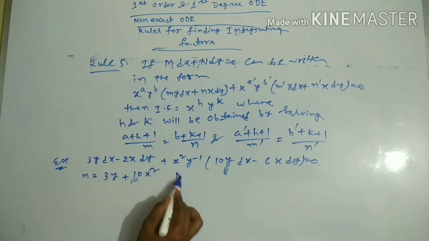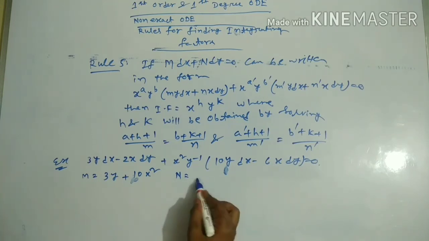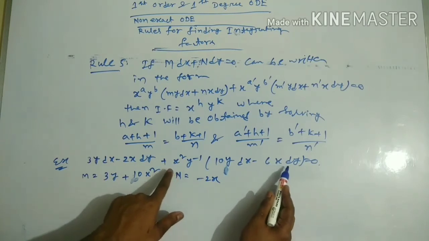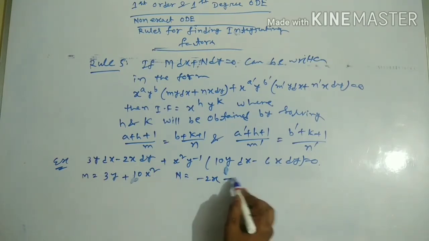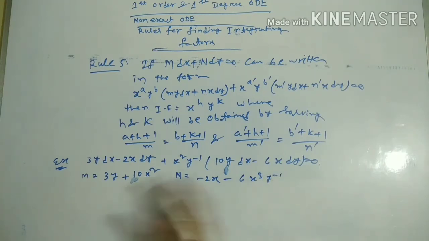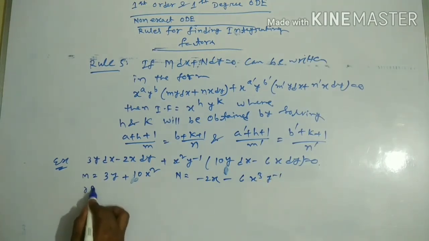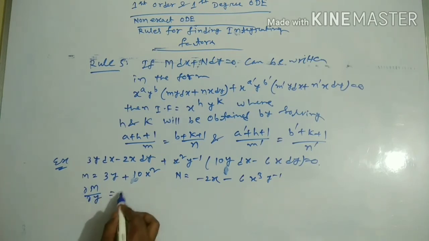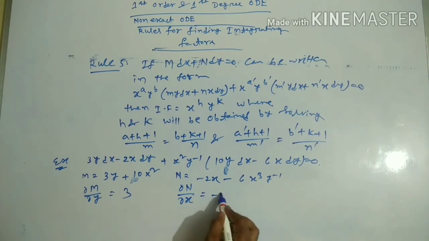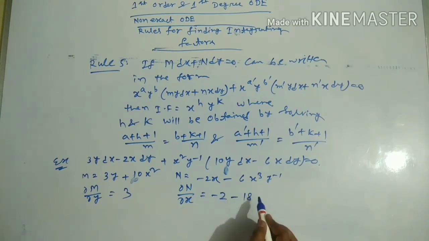This is M, and N will be minus 2x, this and this, so minus 6x³y^(-1). For M and N we will find ∂M/∂y, which will be 3, and ∂N/∂x, which will be minus 2 minus 18x²y^(-1). Clearly this equation is non-exact, so we will apply rule number 5.